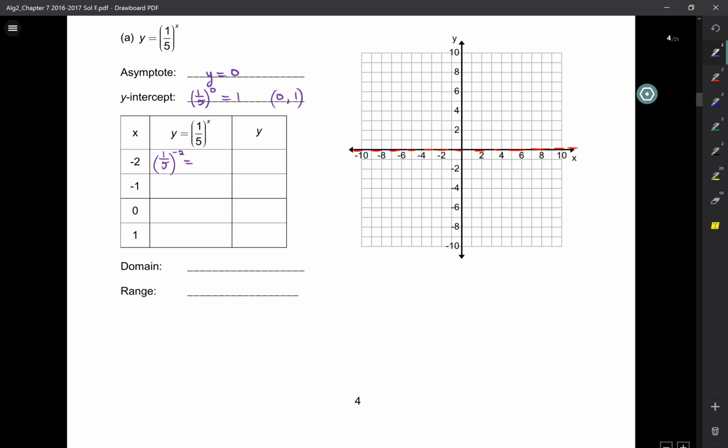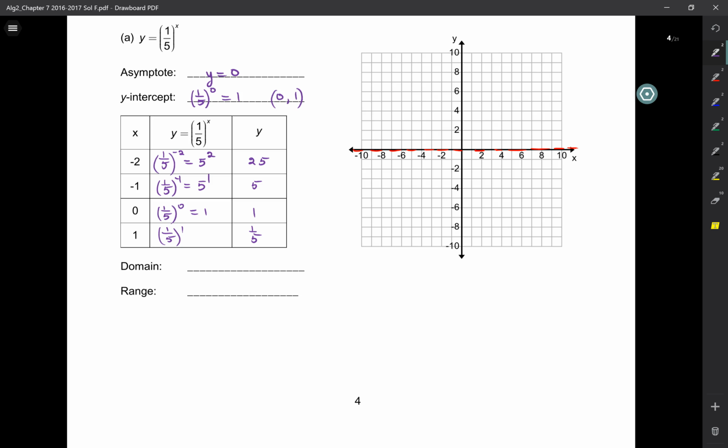What do we do because there is a negative exponent? You flip. So it's 5 squared, which is 25. 1 over 5 to the power of -1 is 5 to the 1, which is just 5. 1 over 5 to the 0, we just said was 1. And 1 over 5 to the 1 is just 1 over 5. Does that make sense?